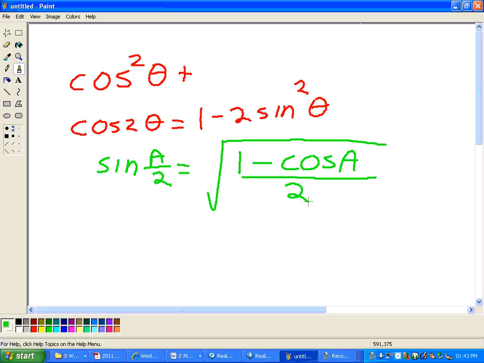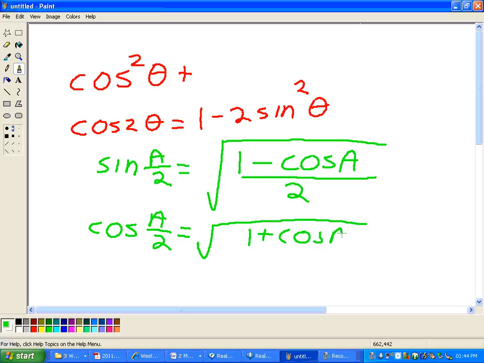And the other half angle formula that we simply need you to write down again. Those are the 2 half angle formulas we have.